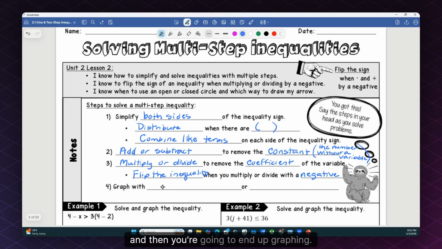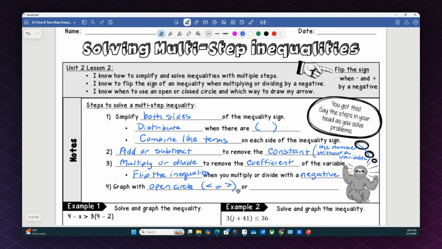Alrighty, and then you're going to end up graphing. So we've got to graph with either an open circle, and you'll use the open circle when you see either a less than sign or a greater than sign. There's no equal bar in it, so it's an open circle. Or you're going to use a closed circle when you have the equal sign in it.